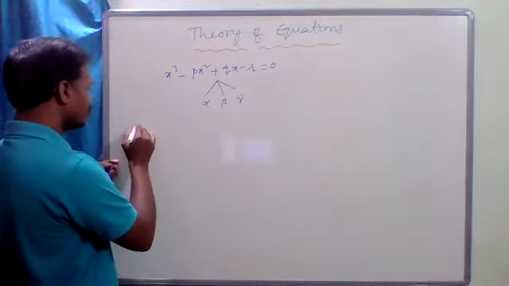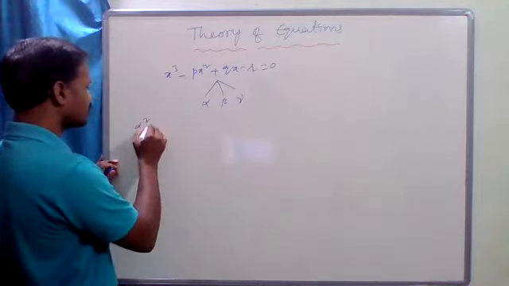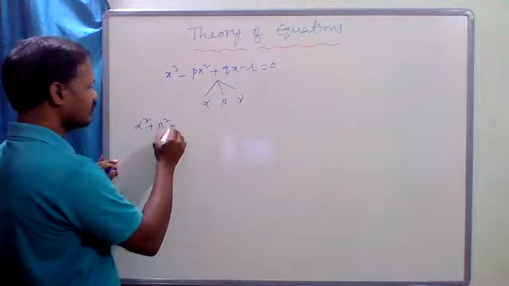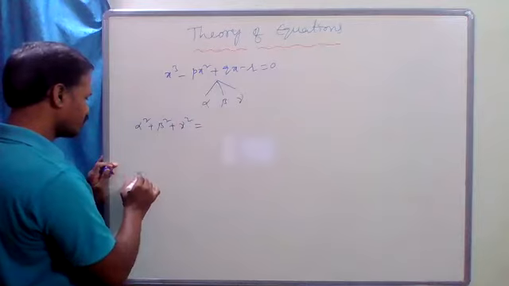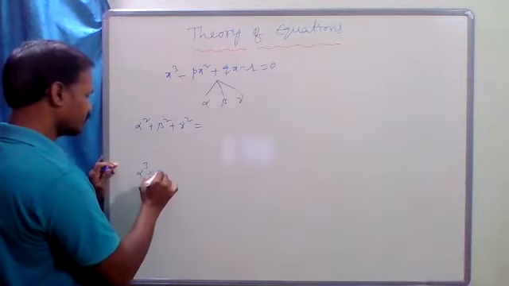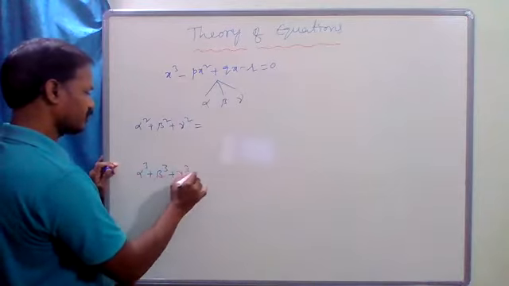what do you have to find? Sum of the squares of the roots, alpha square plus beta square plus gamma square, and sum of the cubes of the roots, alpha cube plus beta cube plus gamma cube.